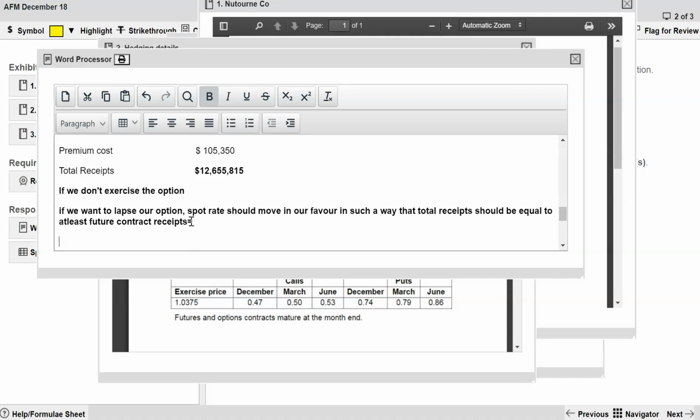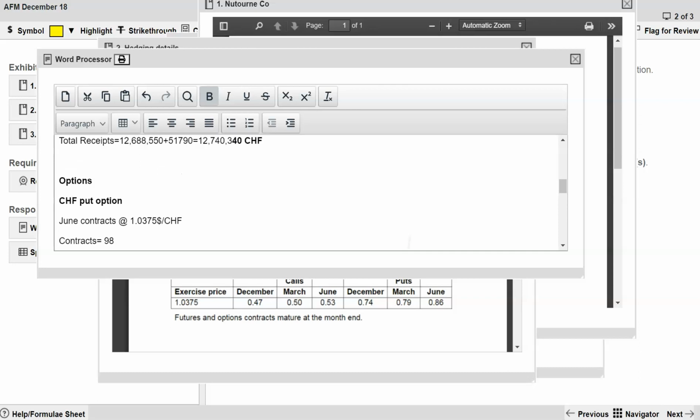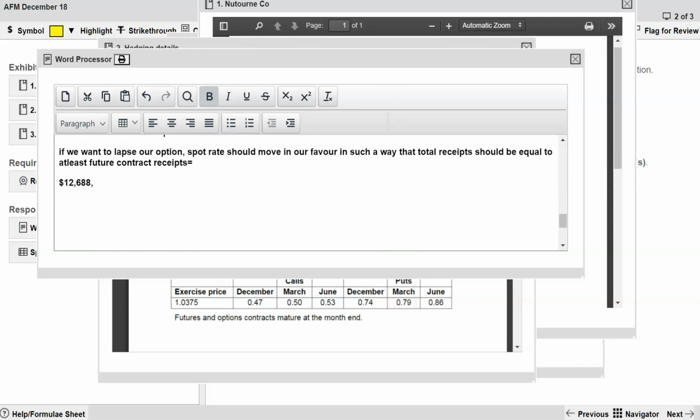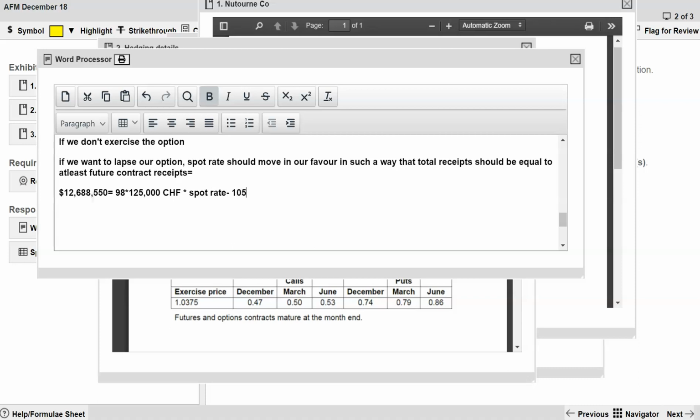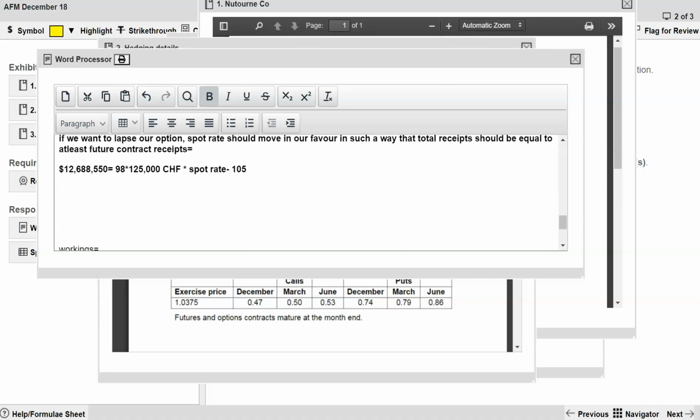That is 12,688,550. It should be equal to 98 contracts into 125,000 CHF into spot rate minus 105,350 dollars premium.